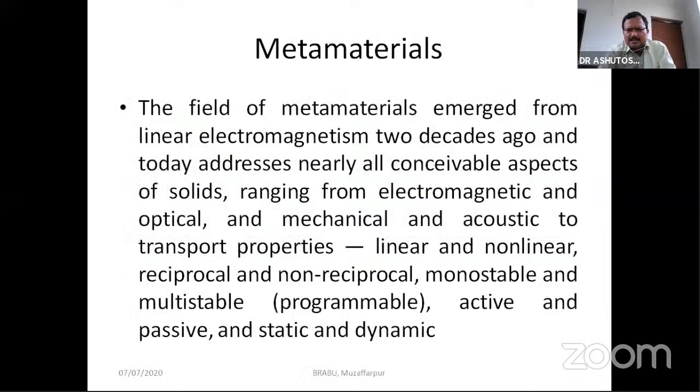First of all, what are metamaterials? The field of metamaterials emerged from linear electromagnetism 2 decades ago. I just wanted to add that it is not a very old area.